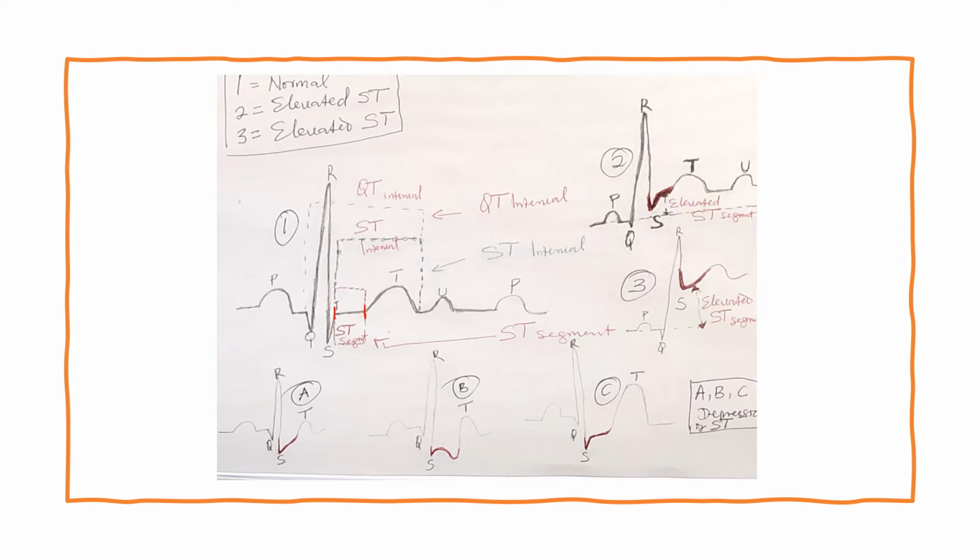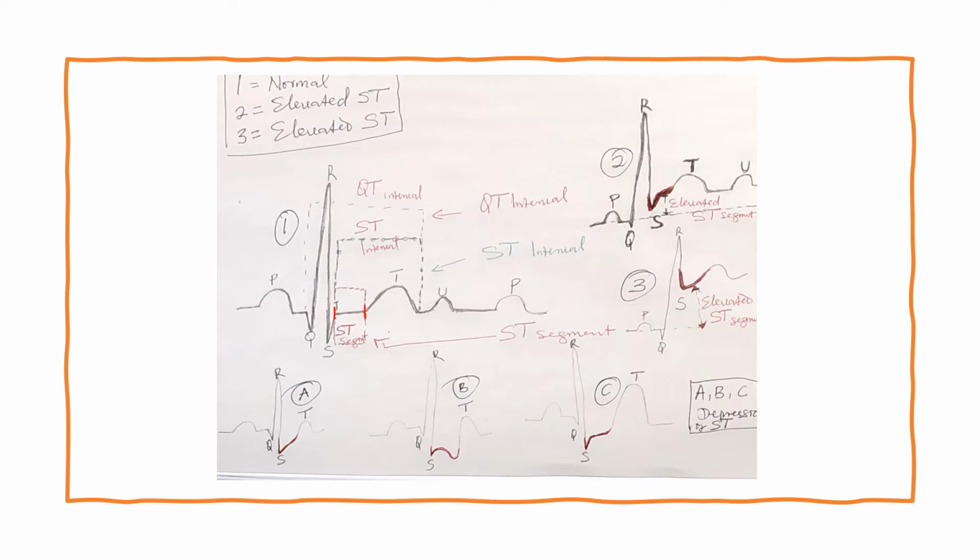You see that it is isoelectric, it's flat. That's what we expect under normal situation. Then the second diagram is pointing to elevation of that. You see, this is the isoelectric point, but here there's a distance, it's elevated. So elevated ST segment.